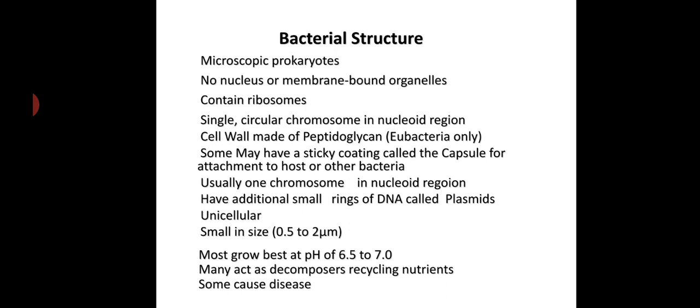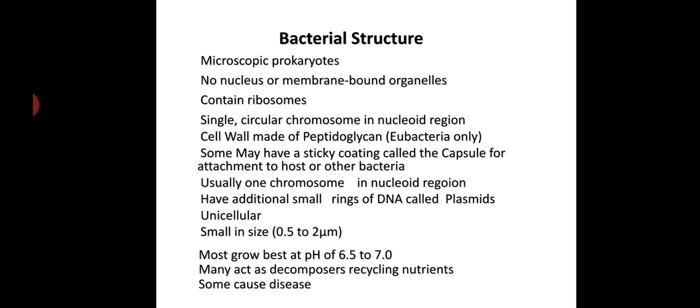Structurally, bacteria are microscopic prokaryotes. No nucleus or membrane-bound organelles are found in bacteria. They contain ribosomes, a single circular chromosome in the nuclear region, and the cell wall is made up of peptidoglycan.